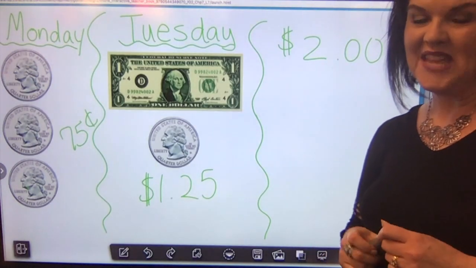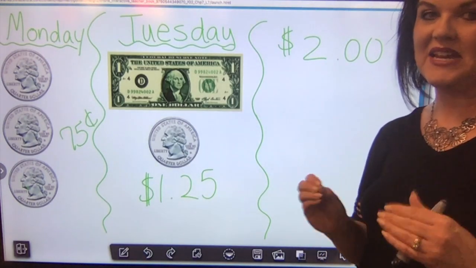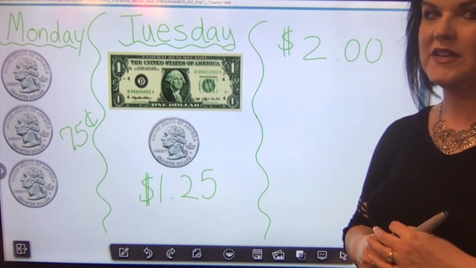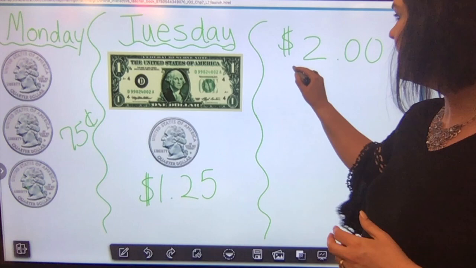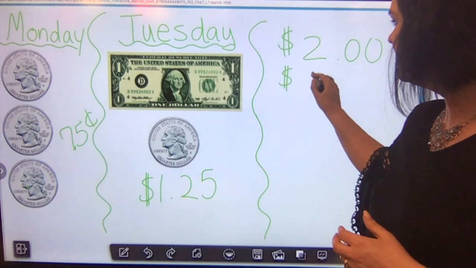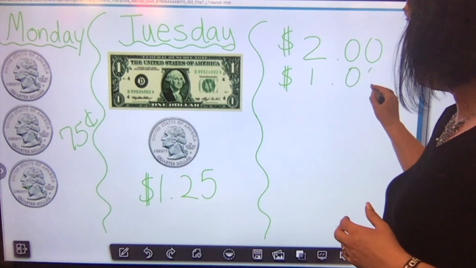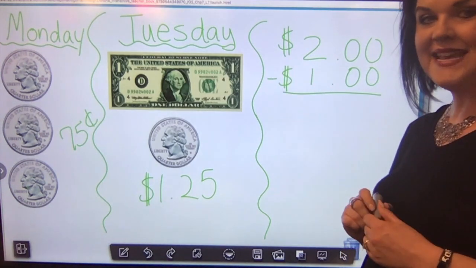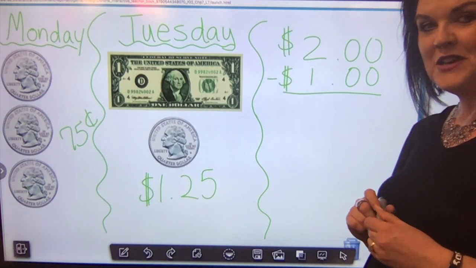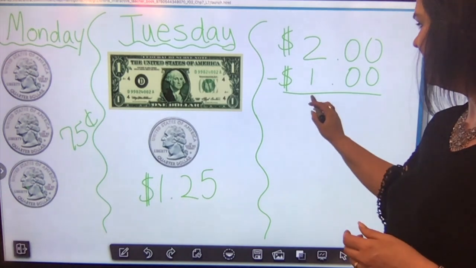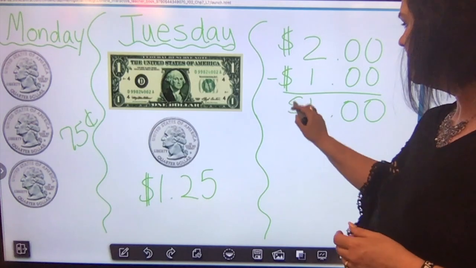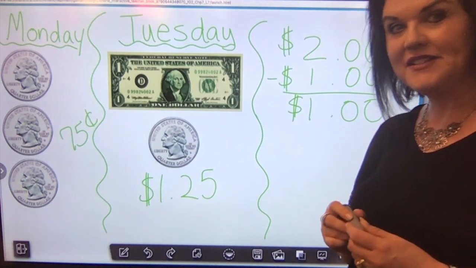But then he gets tempted, and he goes to the movie store, and he decides to rent a movie for $1. So he rents a movie for $1. How much money does he still have? Easy mental math. You can do it. 2 minus 1. Let's do it. He has $1 left. I wonder what he's going to do with that dollar.